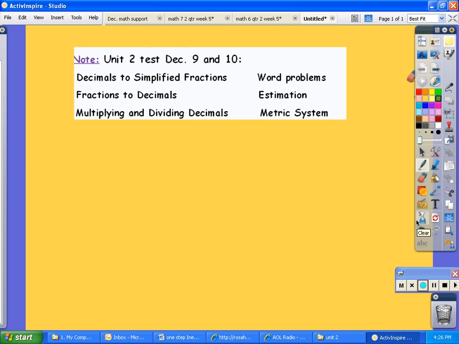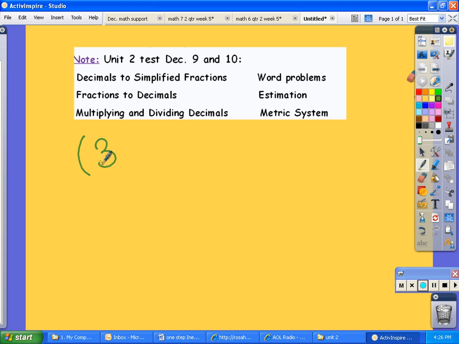So please look for your kids. I've given them study packets. Use old worksheets that have already been graded to go over all the different types of problems that they're going to need to know. Something else about multiplying and dividing.